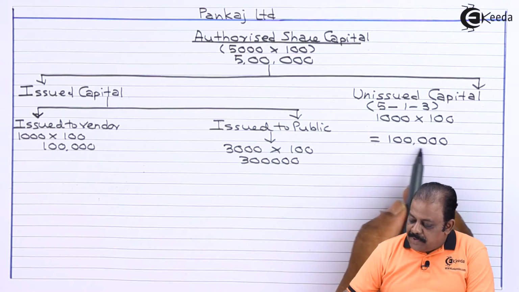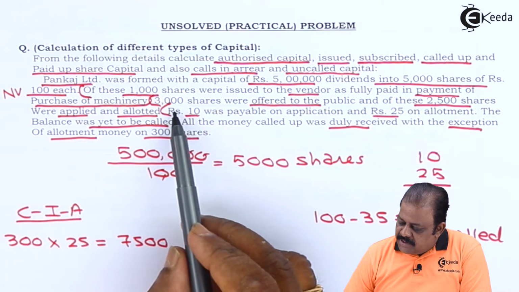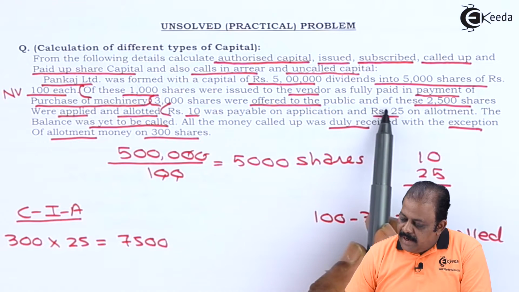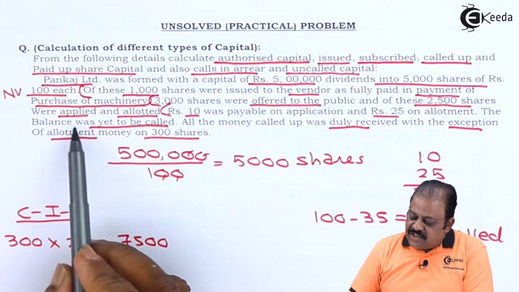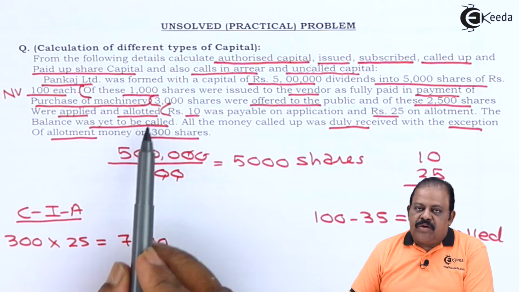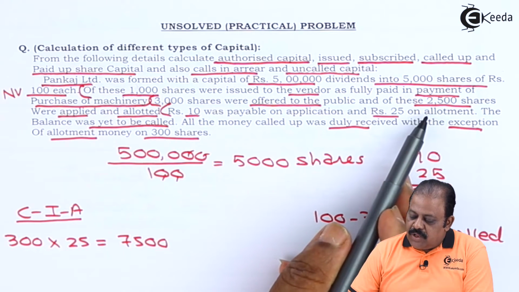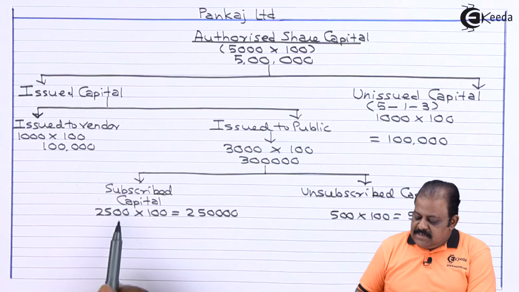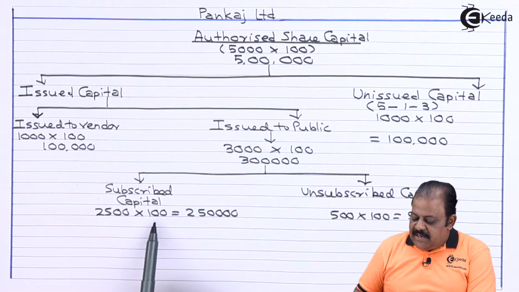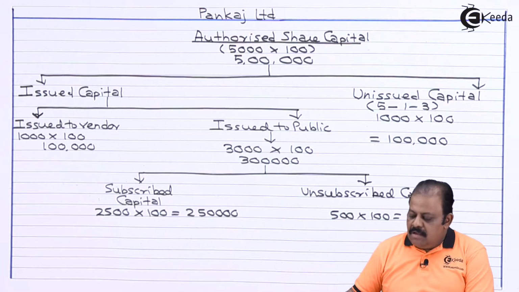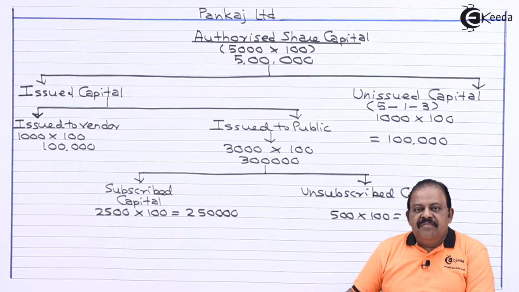Unissued capital is rupees 1 lakh. 3,000 shares were offered to public, and of these 2,500 shares were applied and allotted. This is subscribed capital, 2,500 shares of 100 each, 2,50,000. Unsubscribed capital 500 shares of 100 each.